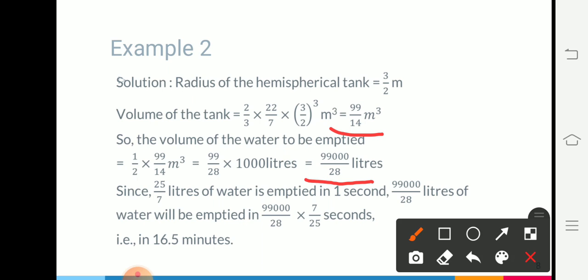Unitary method is much simply used. So you can say that 25 by 7 liters of water is emptied in 1 second. So 99,000 by 28 liters of water will be emptied in 99,000 by 28 into 7 by 25 seconds, which is equal to 16.5 minutes.